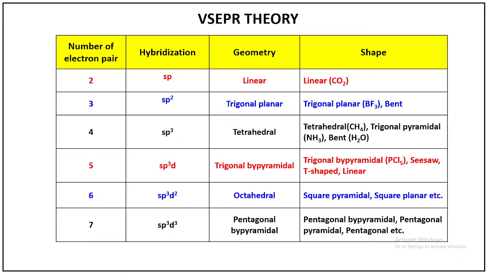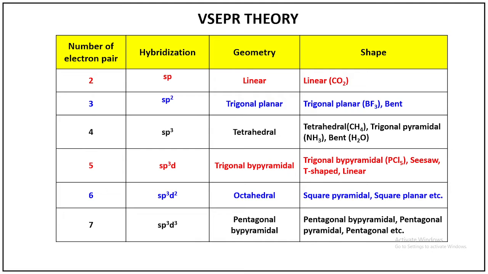So if two atoms are trying to stay as far as possible, they will stay 360 by 2, 180 degrees each. So one will be this side and one will be this side, and this will have a linear geometry. An example is carbon dioxide, where carbon is the central atom and both oxygens stay in linear geometry. So based on this, with our imagination itself, we can assume the shape of many molecules.